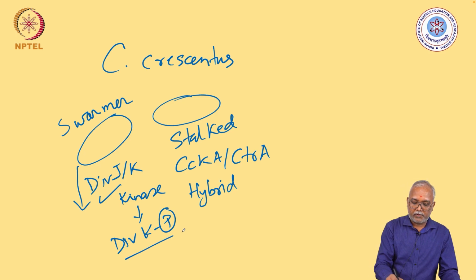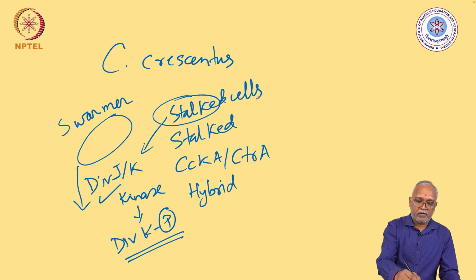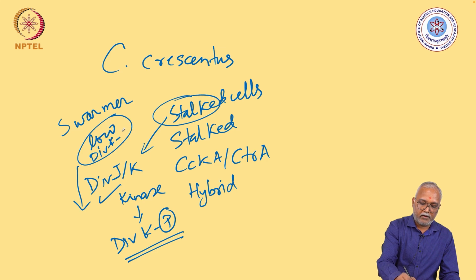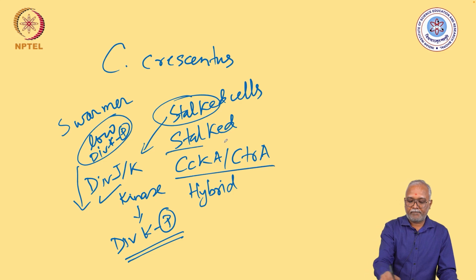So phosphorylated DivK level is high in the stalked cells, and low levels of phosphorylated DivK were there in the swarmer cell, and this was ensuring that cells undergo cell division.